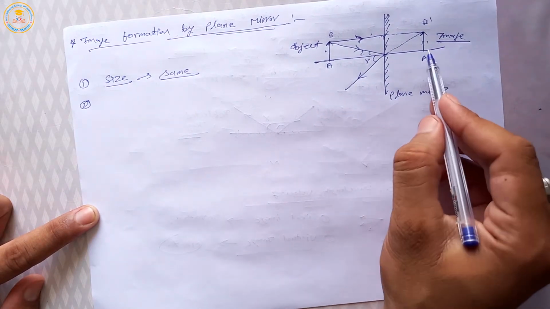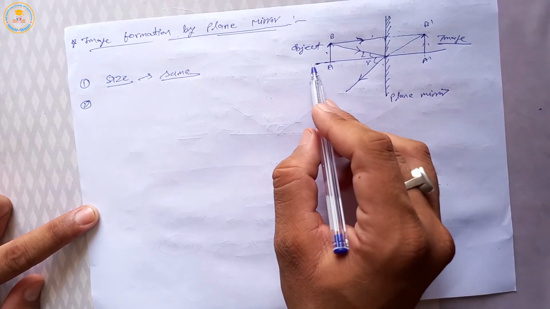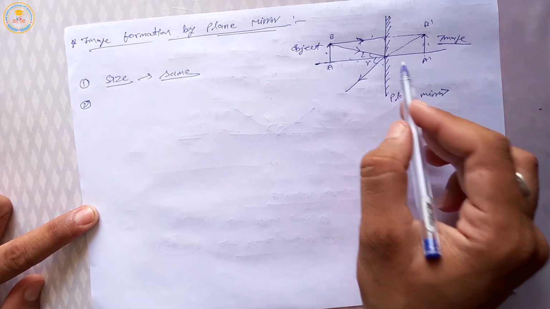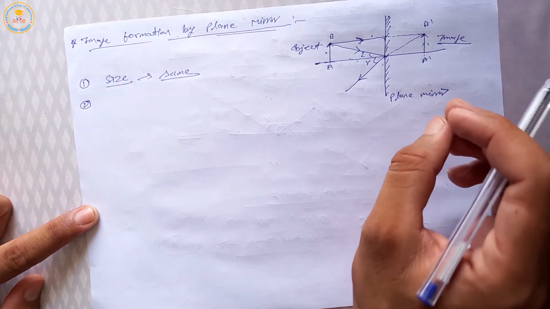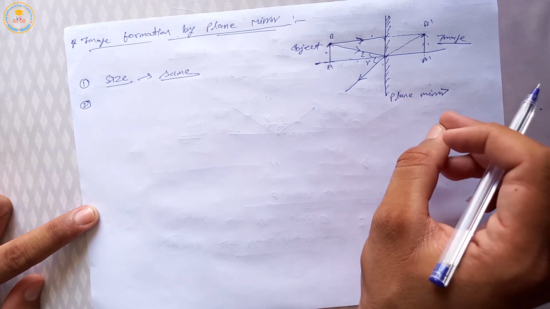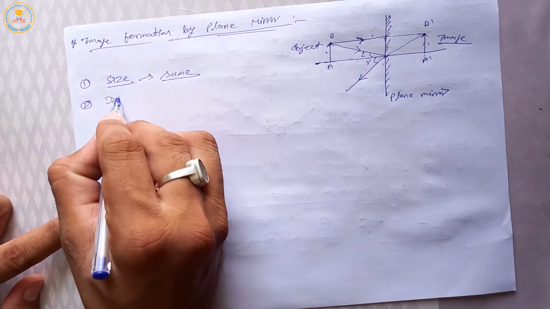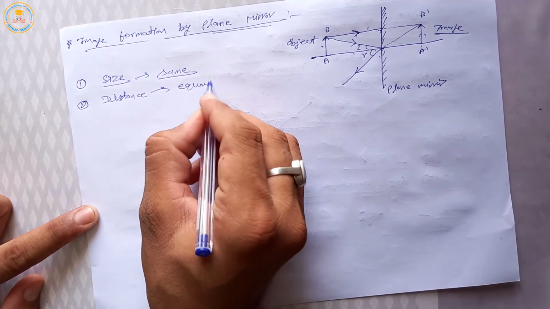Then the distance of the image from the mirror is the same as that of the object from the mirror. It means the distance of the image from the mirror is equal to the distance of the object from the mirror. Means distance remains the same.